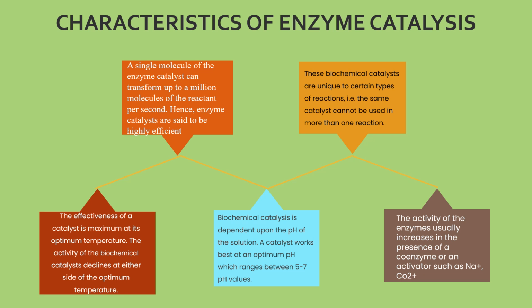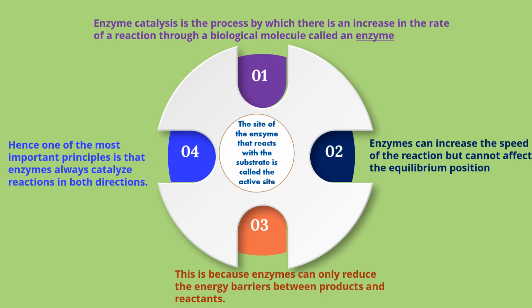The activity of the biochemical catalyst declines at either side of the optimum temperature. Biochemical catalysis is also dependent upon the pH of the solution. A catalyst works best at an optimum pH which ranges between 5 to 7 pH values. Also, the activity of the enzymes usually increases in the presence of a coenzyme or an activator such as Na+ or Co2+.